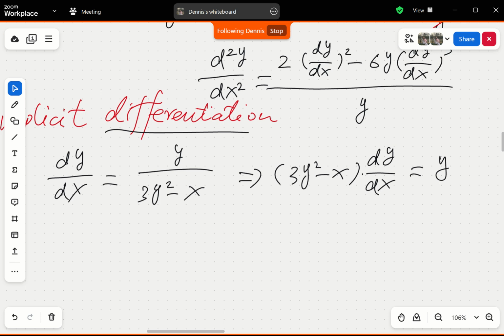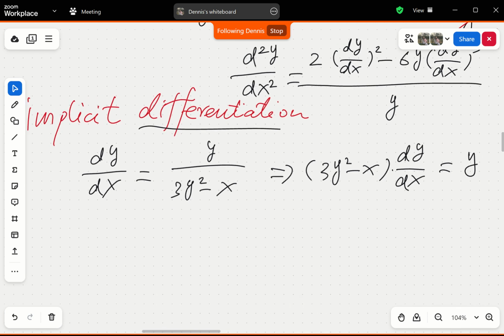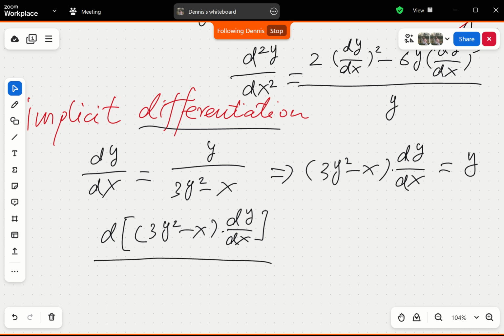And we will have the derivative of 3y squared minus x times dy with respect to x, which is the left hand side, the derivative of the left hand side with respect to x. And of course, the right hand side is just the derivative of y with respect to x.